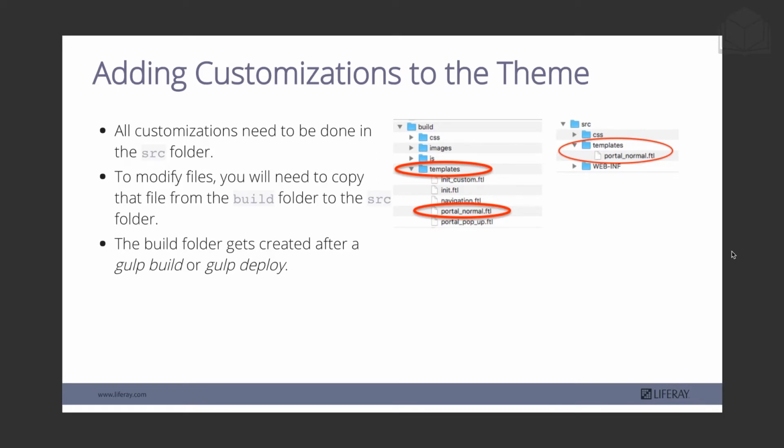Now, a base theme basically gives us a starting point for our theme development. There are two main base themes: the unstyled and the styled. The unstyled and the styled differ basically in whether some basic CSS styling is included. The unstyled will just give us our HTML scaffolding.